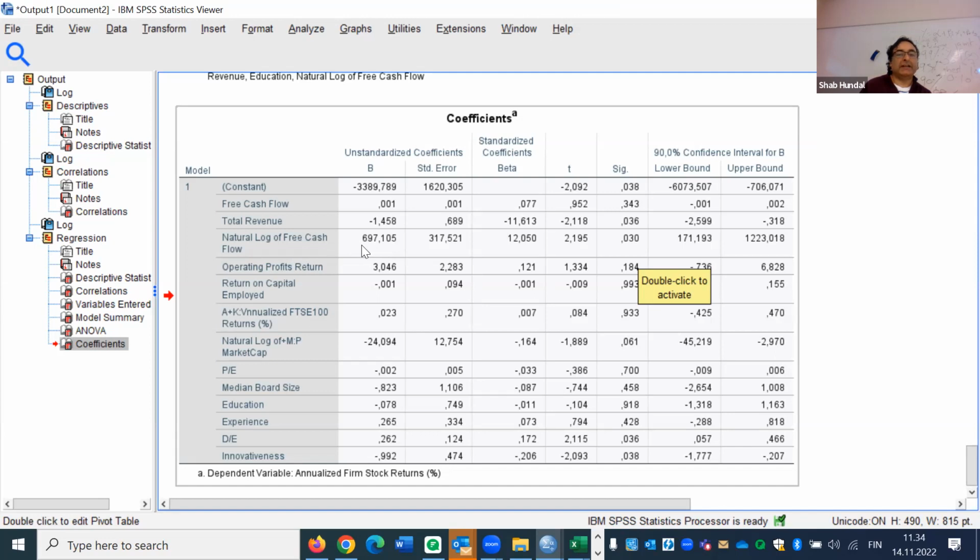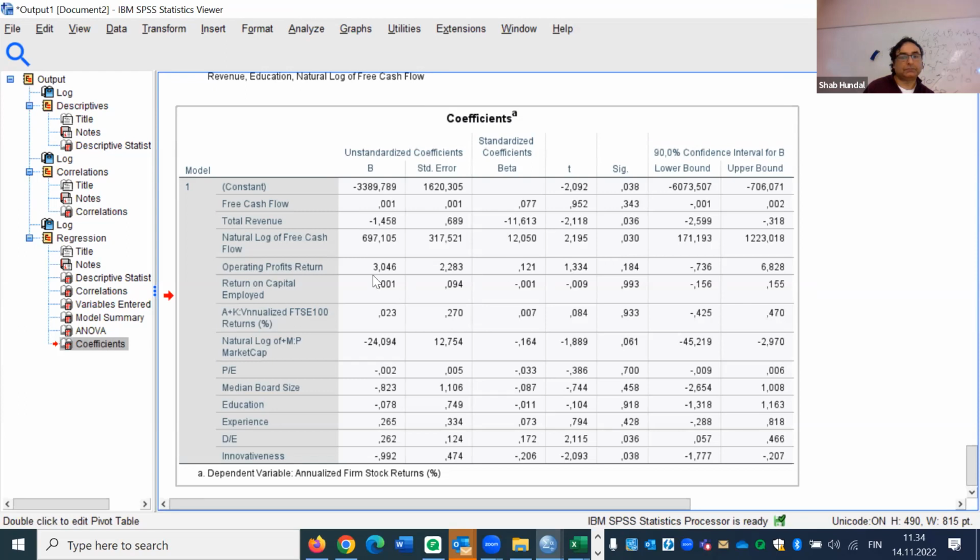The sign is positive, but is it significant? Yes, 3% significance. It means 97% confidence that this result is acceptable. Okay? Look, you're only looking at 2 columns: beta and significance. And that's all you need. Victoria, does it make sense?